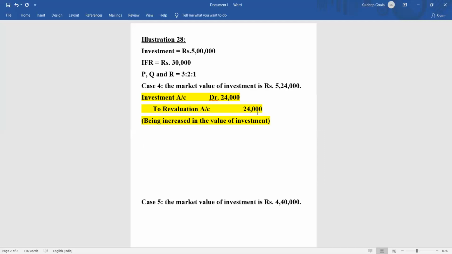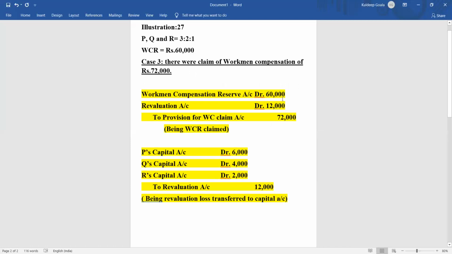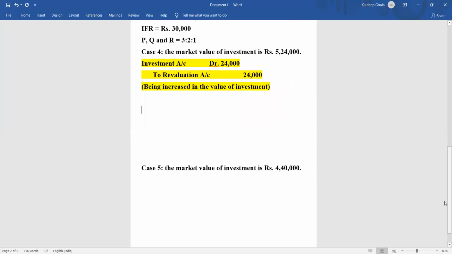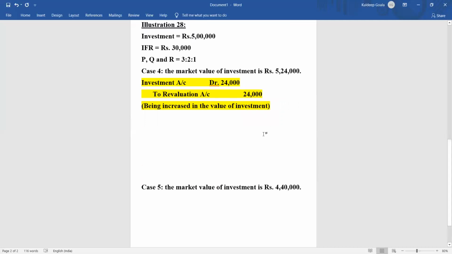And in case of workman compensation fund, see what was happening. There was an extra loss of 12,000. Who was bearing this extra loss? Partners, isn't it? In the same way here also, if there is extra profit, who will enjoy? The partners will enjoy. There is a profit, so who will enjoy the profit? Partners, isn't it?